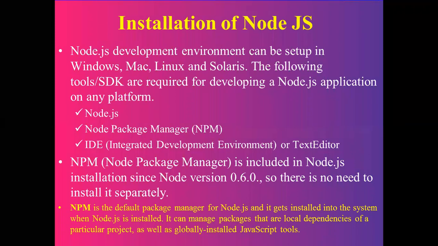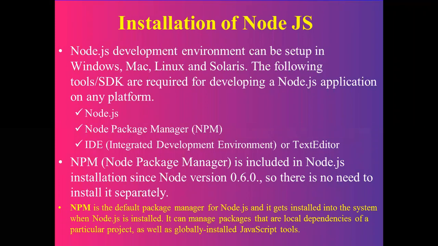So what is npm here? It is the default package manager for Node.js, and it gets installed on the system when we install Node.js. It can manage packages that are local dependencies of a particular project as well as globally installed JavaScript tools.